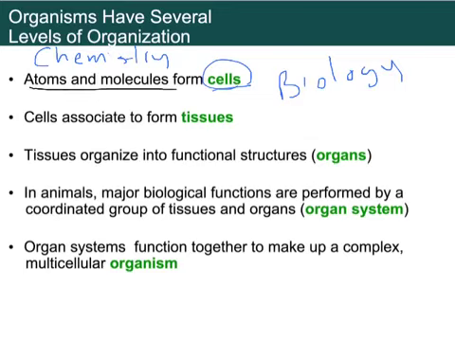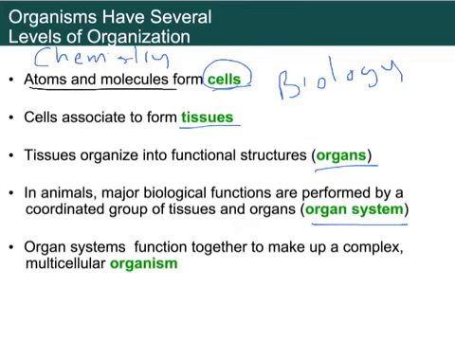Cells associate to form tissues, right? You have muscle tissue, lung tissue, liver tissue, all these different types of tissues in our bodies that, when you get enough of them together, form organs. That's why we have livers, muscles, hearts, all these different things. A bunch of organs can function together to form an organ system.